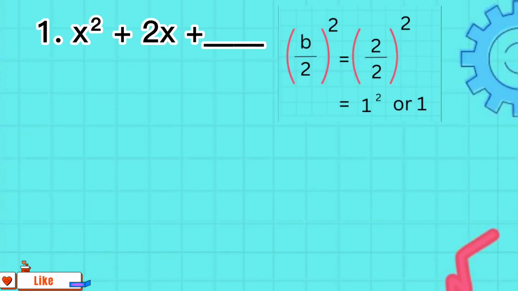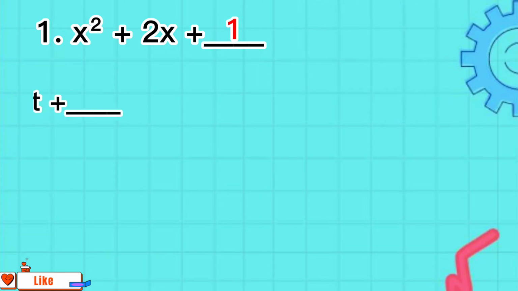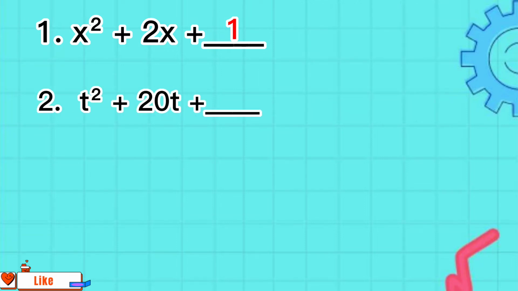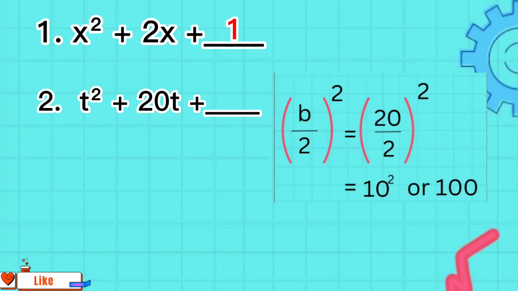By using the formula, it becomes (2 over 2) squared, which is equal to 1. The b in number 2 is 20, so it's (20 over 2) squared, which is equal to 10 squared or 100.